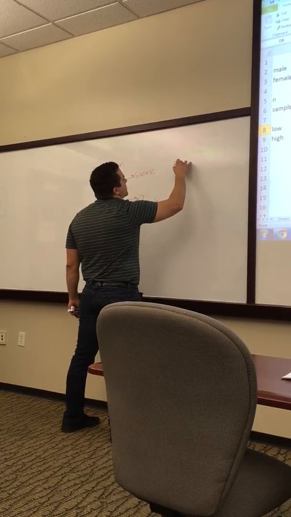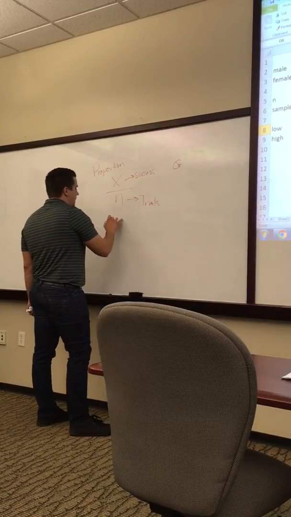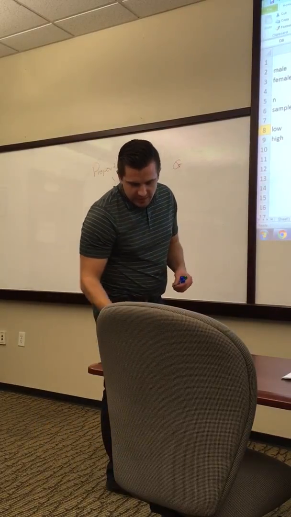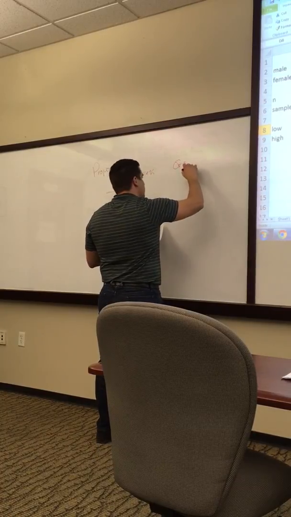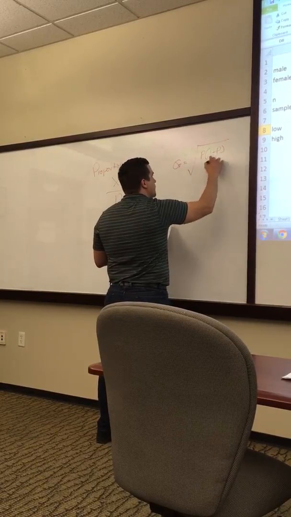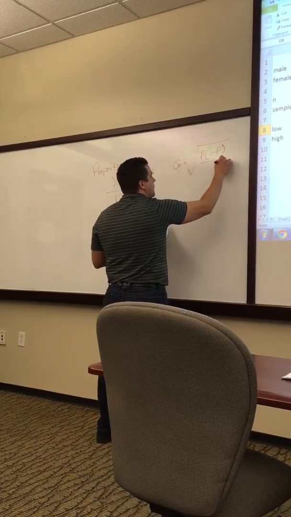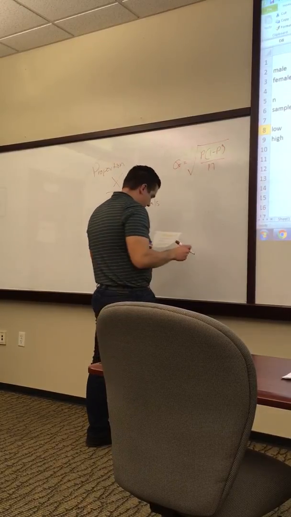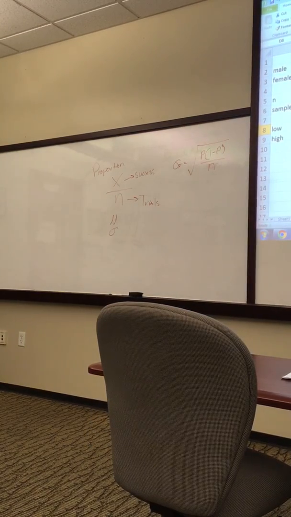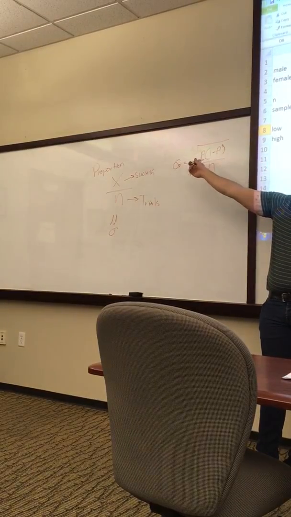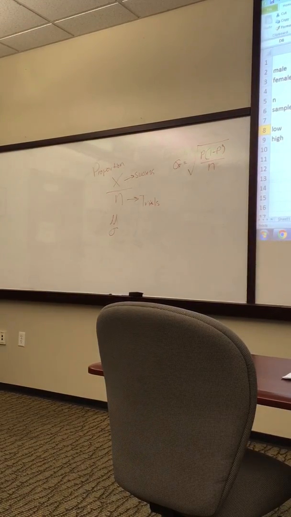And if we want to find our sample standard deviation, and we're given our true population proportion, then our sample standard deviation is going to be equal to the square root of the population proportion multiplied by 1 minus the population proportion, divided by our sample size. So, let's do an example to help this make more sense.